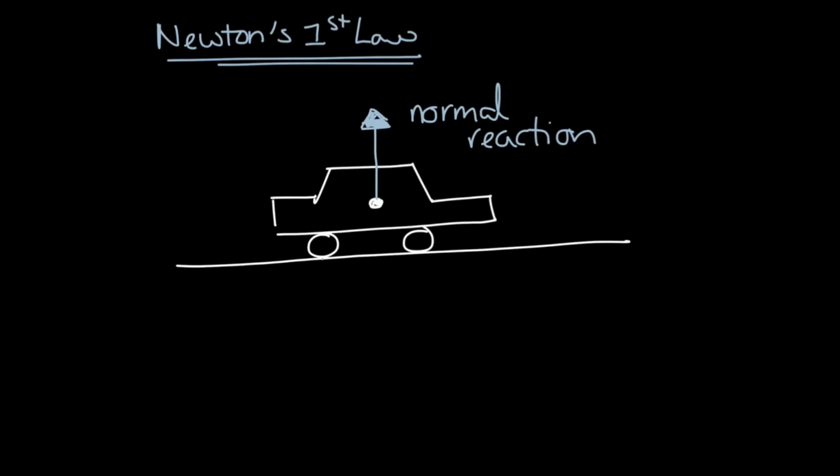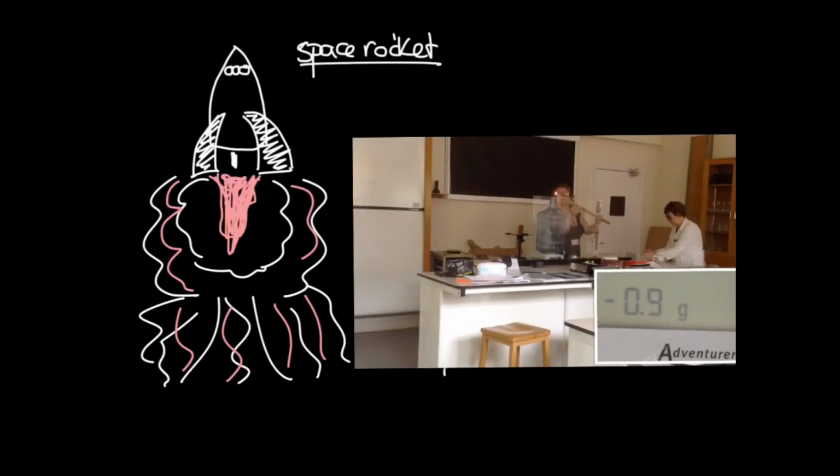So we can see that there is a normal reaction force acting through the wheels of the car, so that the ground is exerting a normal reaction force on the car, and the car is exerting a normal reaction force on the ground. They are the same type of force, they're all normal reaction forces. They act in opposite directions in the same plane. They are the same magnitude and they act on different objects. So this satisfies all the criteria for Newton's third law pair of forces.